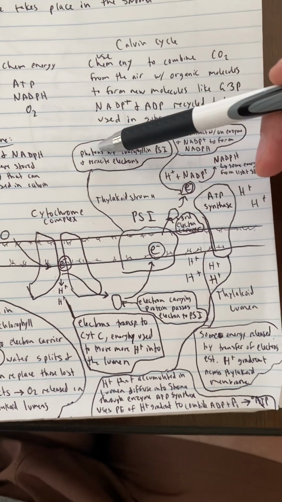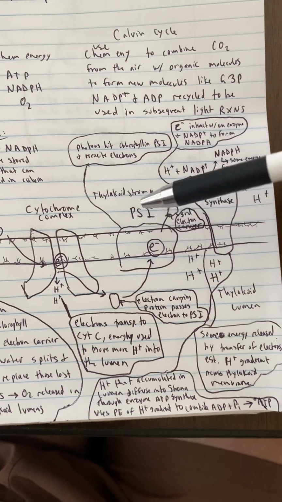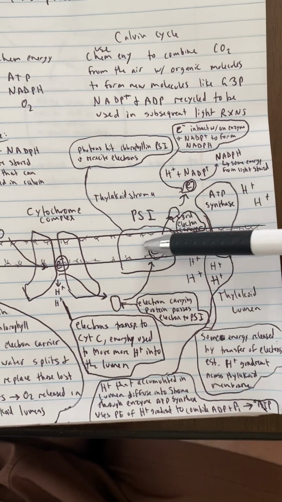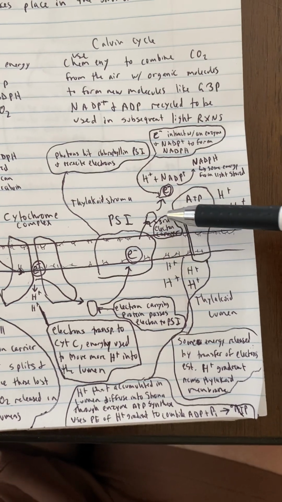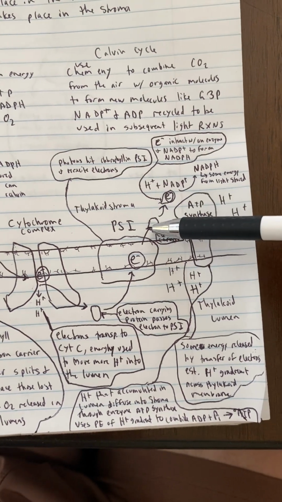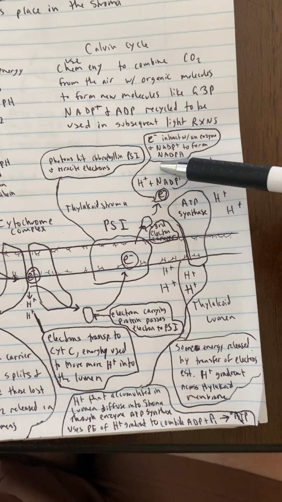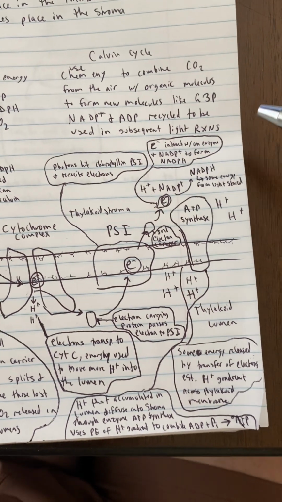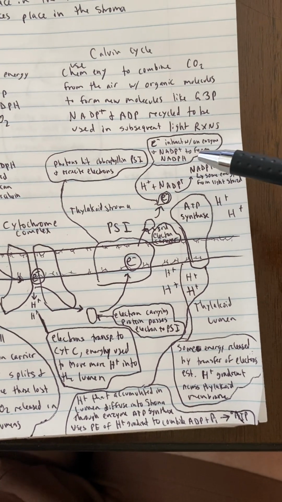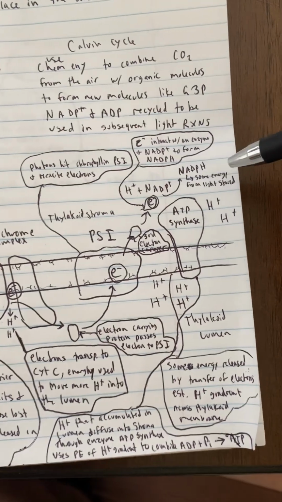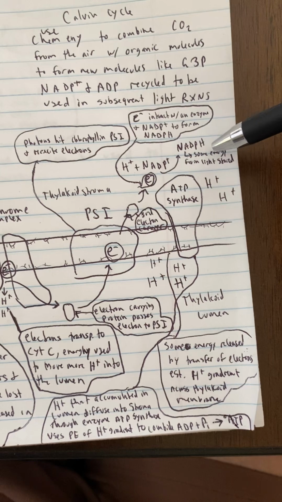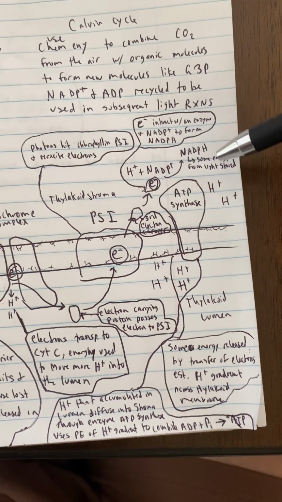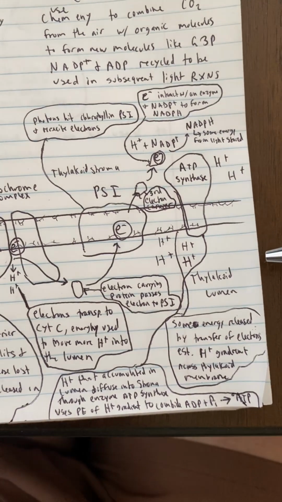Once again, photons from the sun will hit the chlorophyll in photosystem 1 and re-excite that electron, which will then be passed to this third electron carrier. It'll interact with an enzyme and NADP+ to form NADPH, and NADPH stores some of the light energy, and that'll come back when we get to the Calvin cycle.